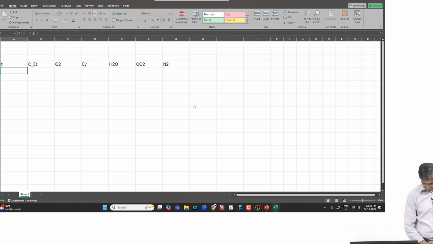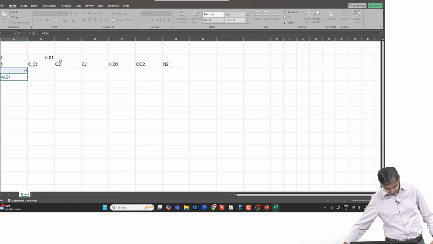This is time. We'll start with 0, 0.01, or let's have the step size over here. So this cell is going to be equal to this plus step size.